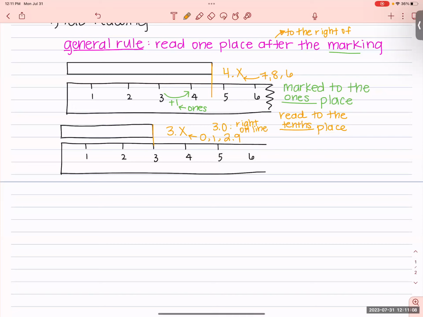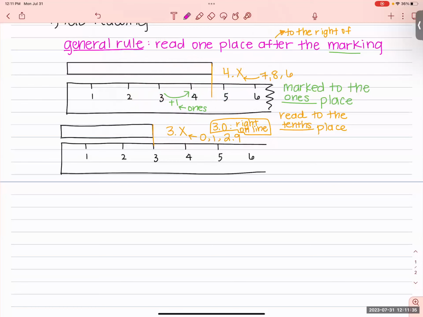But every reading on this ruler that is marked to the ones place will have a reading to the tenths place. Every reading, even if it's on a line. So don't forget that once you establish what decimal place you're using for your instrument, every reading on that instrument goes to that same decimal place.